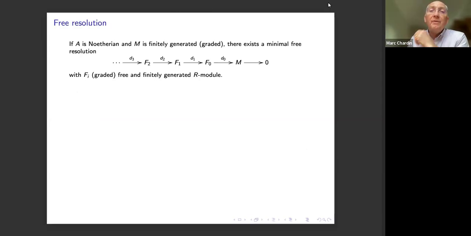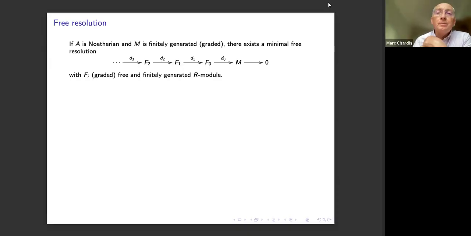Now, if A is Noetherian, and that's the basic case we want to understand, and M is finitely generated and graded, it will always be graded, then you can make a minimal free resolution. Of course, if A is not local, there is not a unique one, but you can still speak about a minimal free resolution, and this exists.